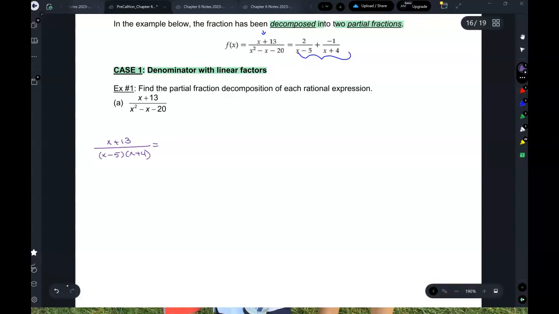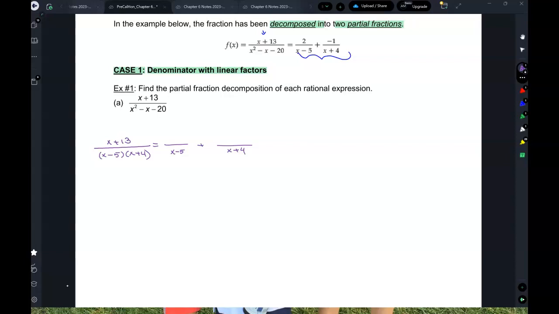However many terms are in the denominator, that's how many fractions you want to split this up into. Each one of the fractions gets one of the denominators. And do you see how, going right to left, if you were going to add these, the common denominator would be x minus 5, x plus 4? So we're just breaking it up.